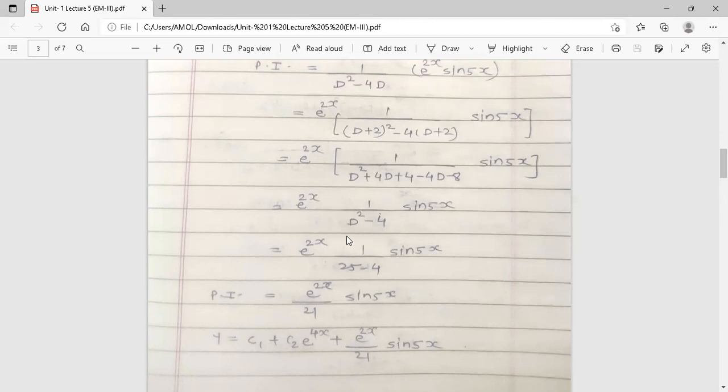Here is one correction. The term is minus 25 minus 4, and 25 minus 4 with the negative sign is equal to minus 29.